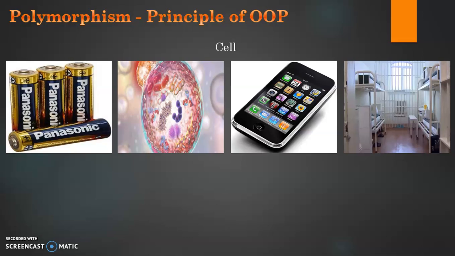That is the same case with object-oriented programming. In object-oriented programming, an object may include a function that can be used for multiple operations. Take the example of this function, volume. This volume function can be used to calculate the volume of a cube, which will take side as its input.